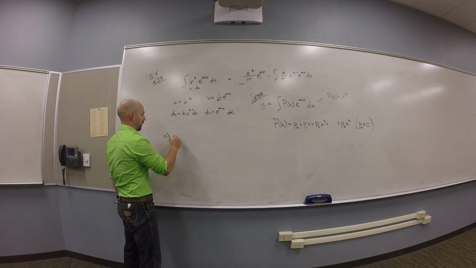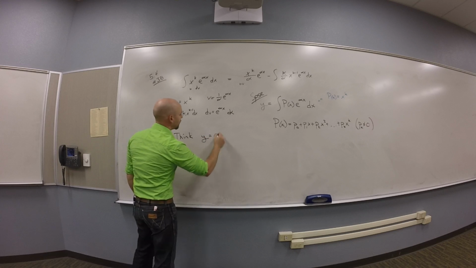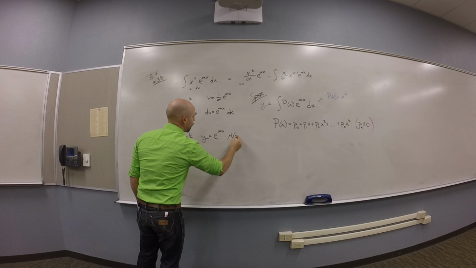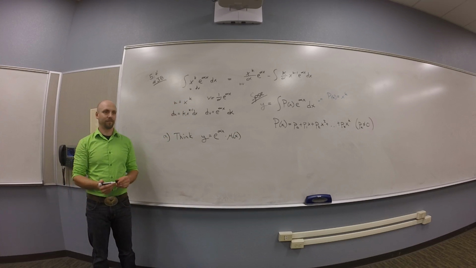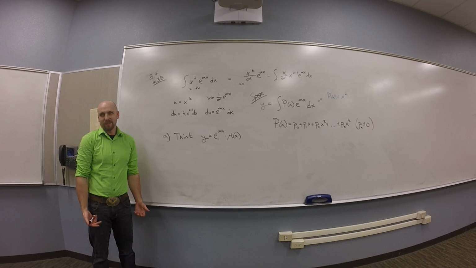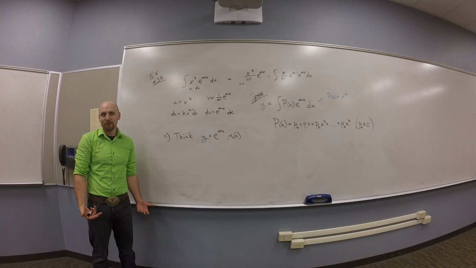part A. Think y is e to the alpha x times some function mu of x. Why would they think that? It's good. It's kind of like a method of undetermined coefficients, sort of. It also looks and feels a little bit like variation of parameters, right?